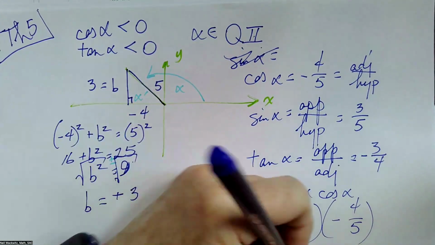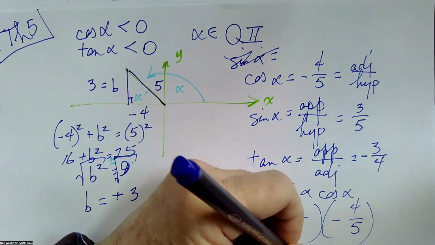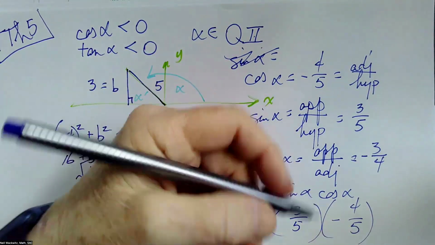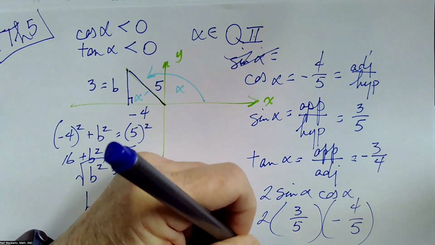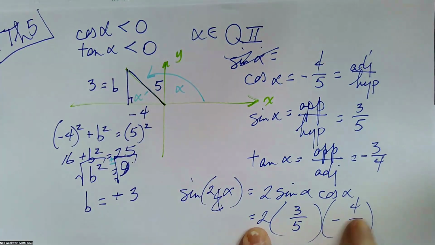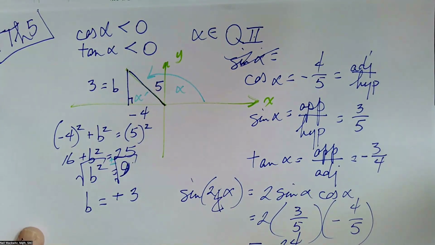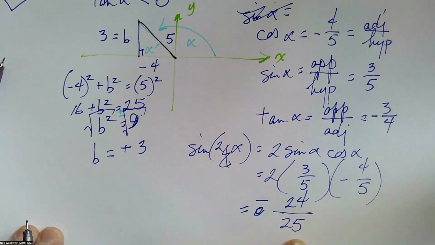So in the denominator, we're going to have 25, and then 2 times 3 times 4 with a negative. So let's move this over and make that negative. 2 times 4 is 8, times 3 is 24. So we have that the sine of 2 alpha is -24 over 25.